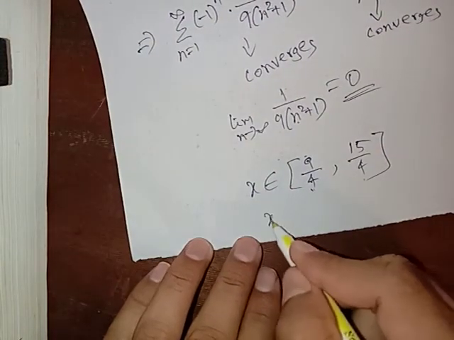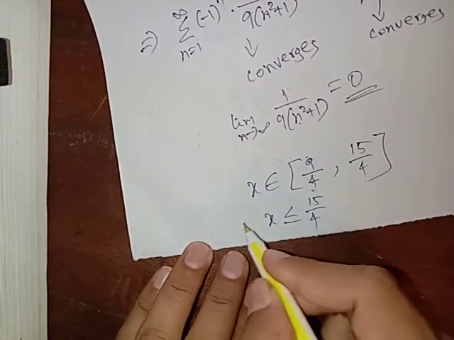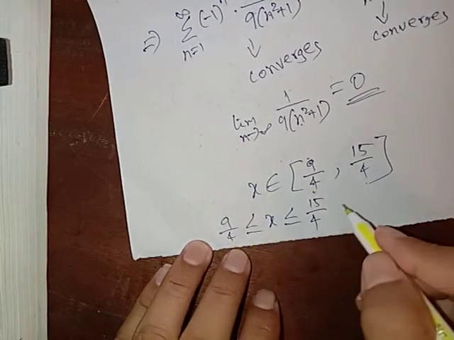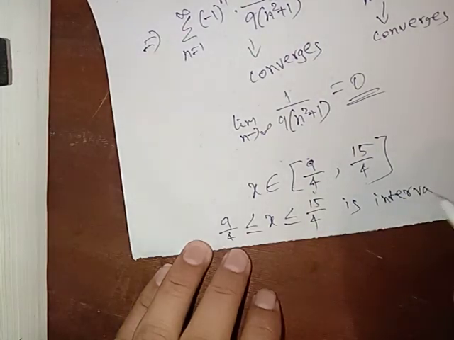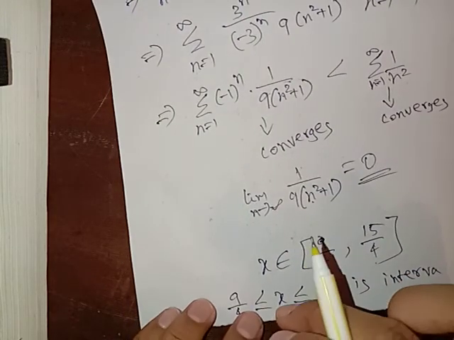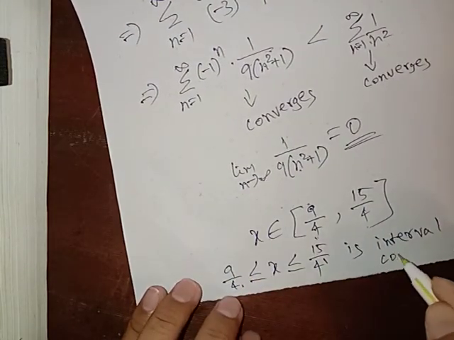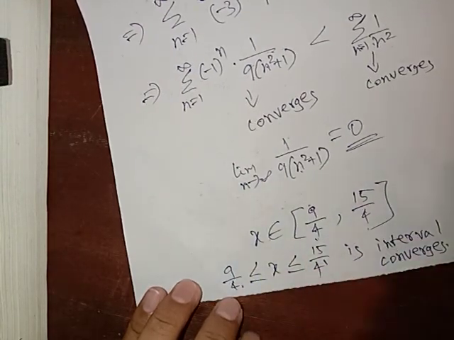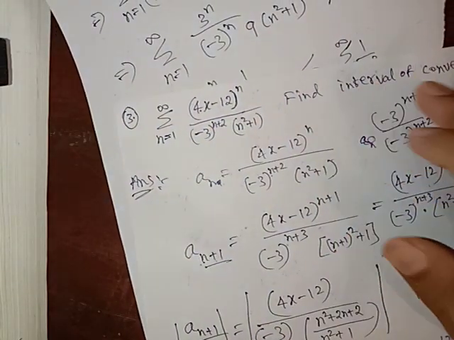In other terms, we can write x is less than or equal to 15 by 4 and x is greater than or equal to 9 by 4. This is called the interval of convergence. In this interval, if x takes these values, then the given series converges. So this interval is called the interval of convergence of the given series.